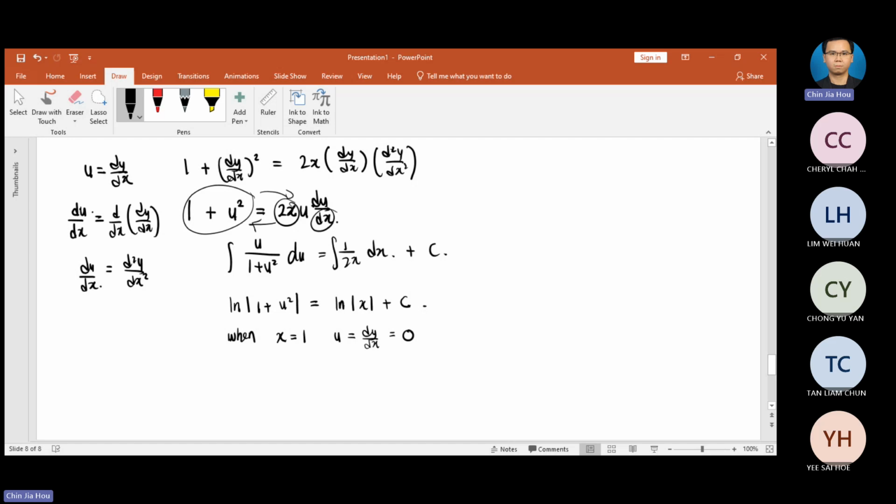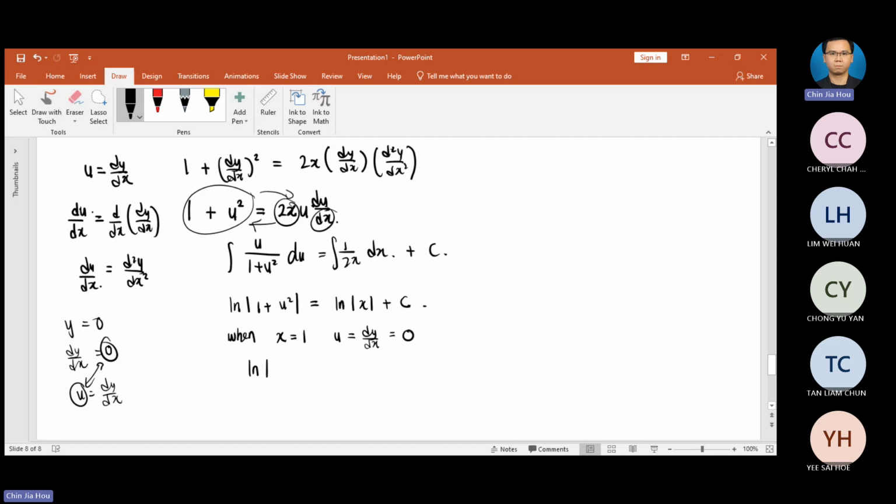So you plug in 0 and 1, you get ln 1 plus. Read again: y equals dy/dx equals 0. Your dy/dx equals 0, but u equals dy/dx, so by logic, u equals 0. No. u equals dy/dx.